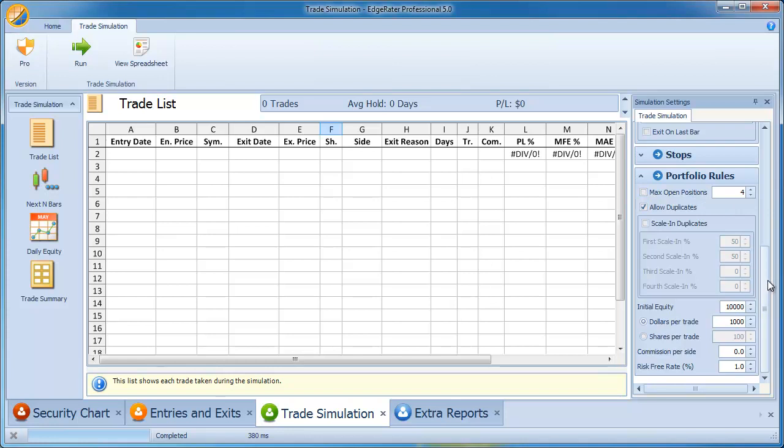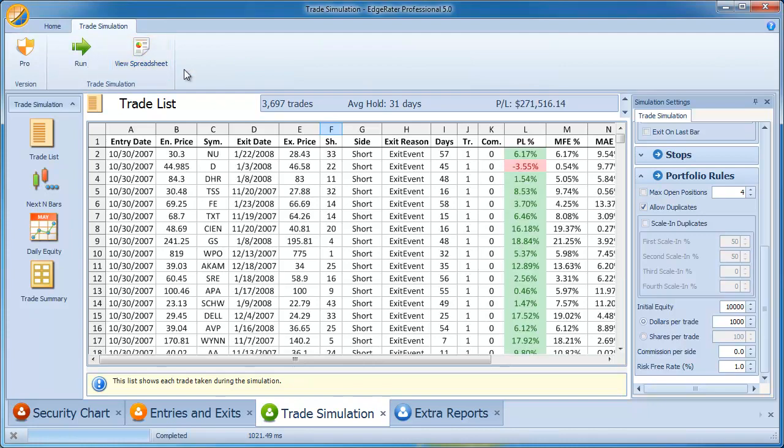So once I have this all set up, all I have to do then is hit the run button, and very quickly I have a list of all of the trades over the time period that we're testing that have triggered a trade entry and a trade exit.